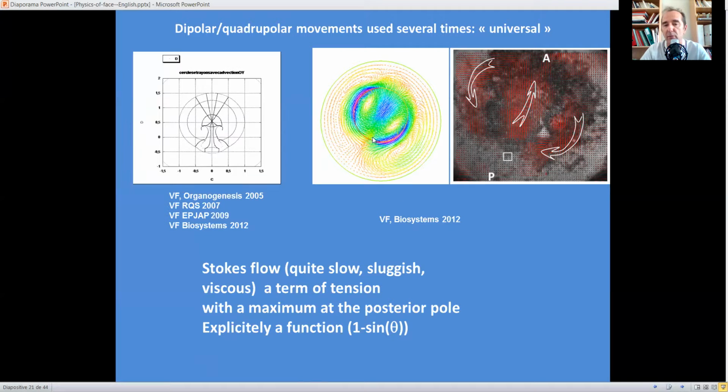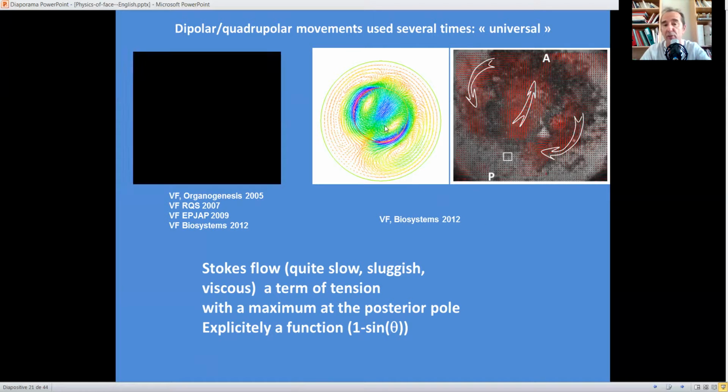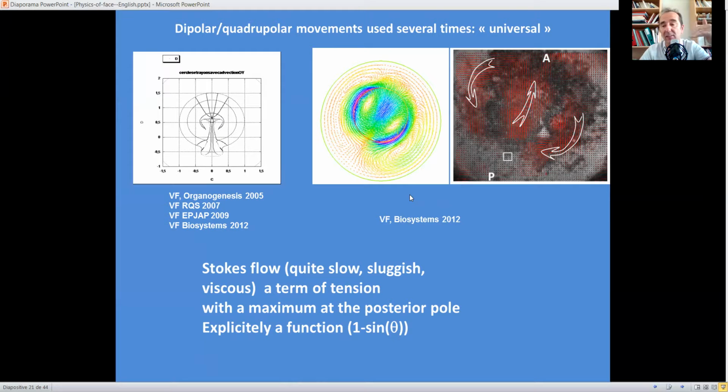So the tension value is 2 here and 0 here. There is a gradient, and this is why the flow is oriented towards the anus. The origin of that is in the fact that the divisions of the cells are slightly skewed from anterior to posterior. So cells are bigger posteriorly, so they pull a little bit more.